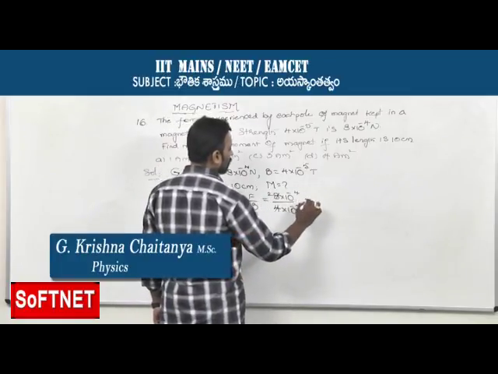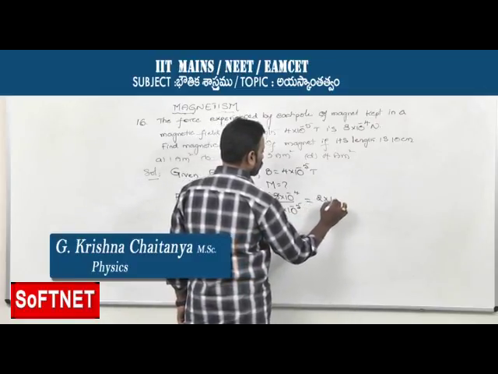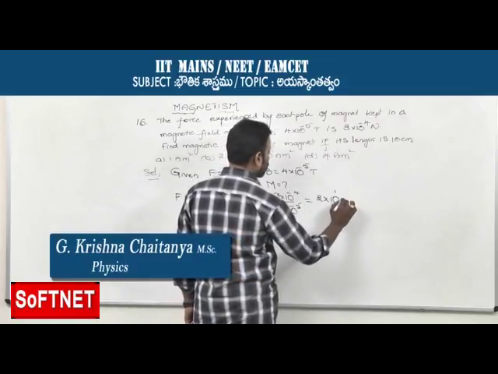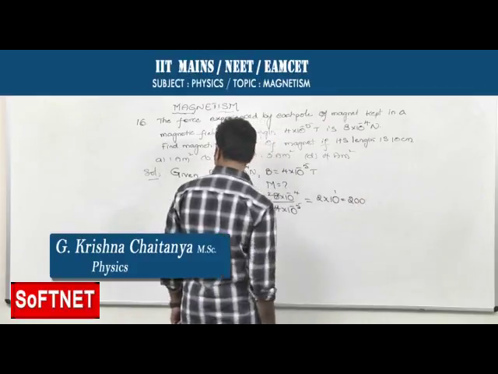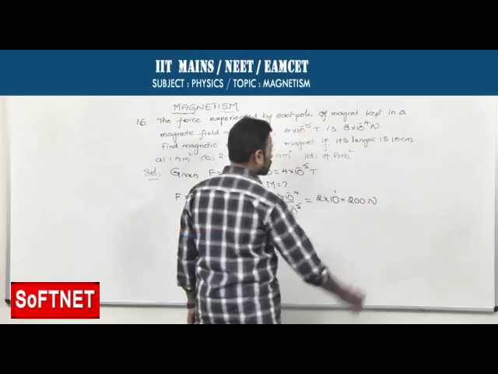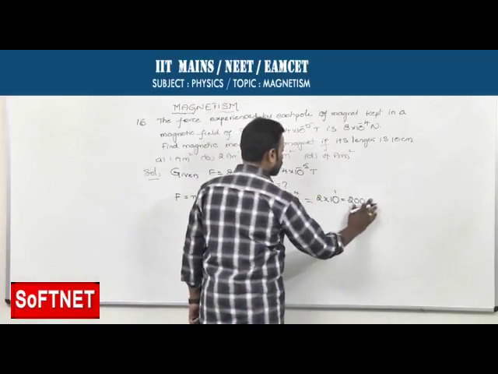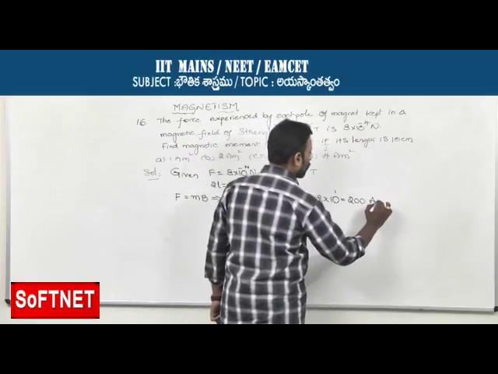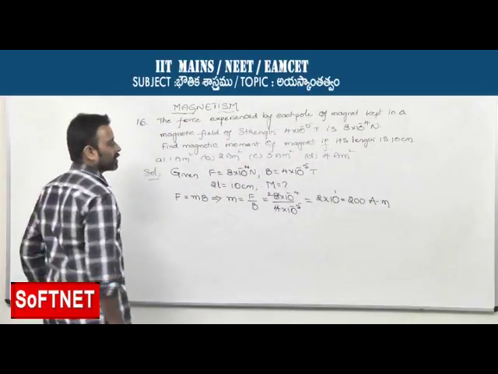So it goes 2 times. It is 2 into 10 power 1, that is 20. This is the magnetic pole strength, in ampere meter.